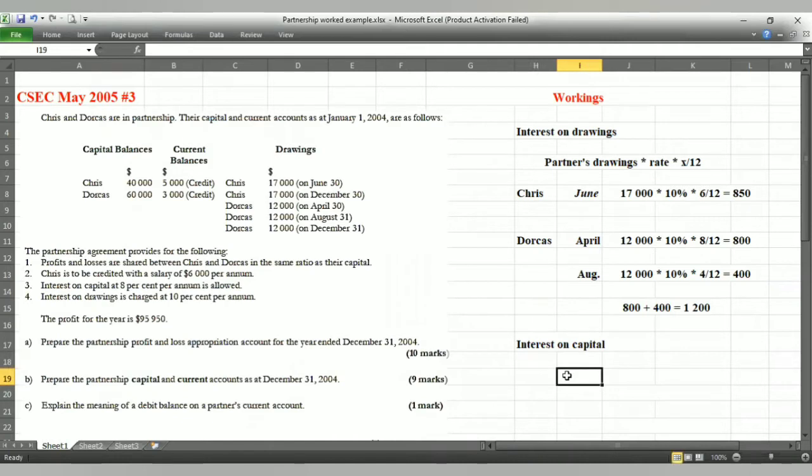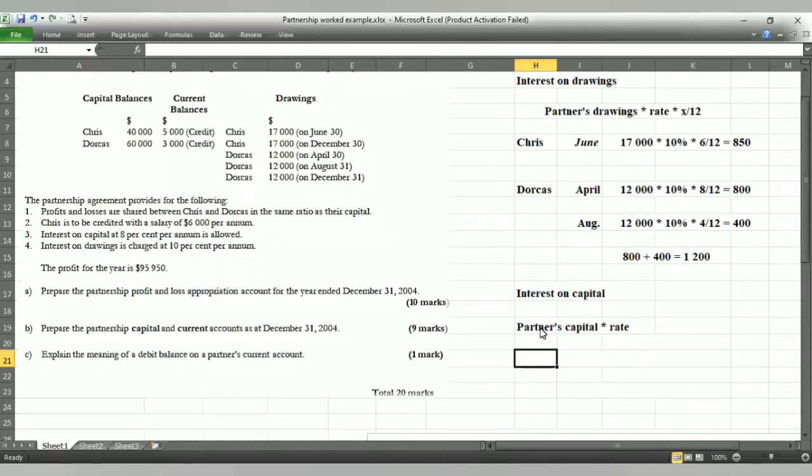It's very simple, and that is the partner's capital times the rate. So don't forget that the formula in calculating interest on capital is partner's capital times the rate.